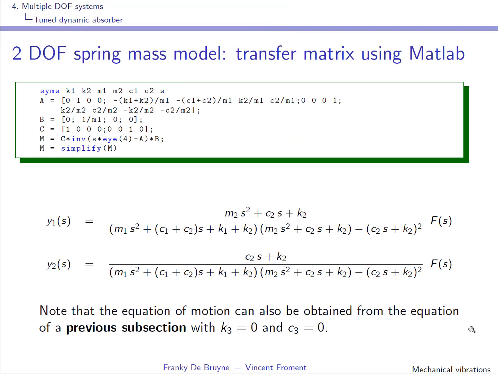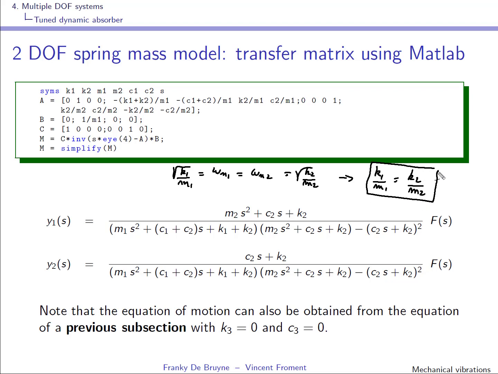So we've just ensured that omega n1 is equal to omega n2. This is the square root of k1 over m1, and this is the square root of k2 over m2. So this gives you the condition k1 over m1 is equal to k2 over m2.